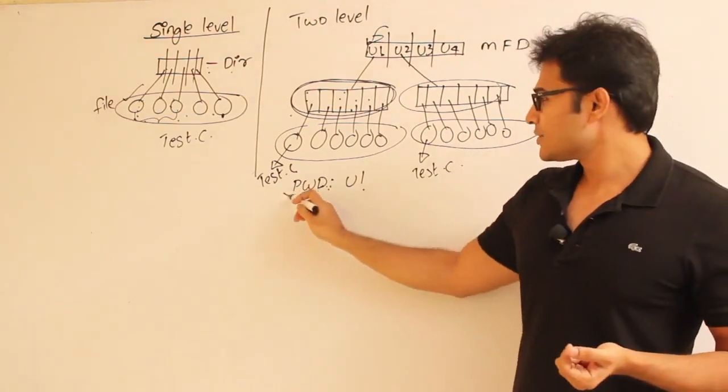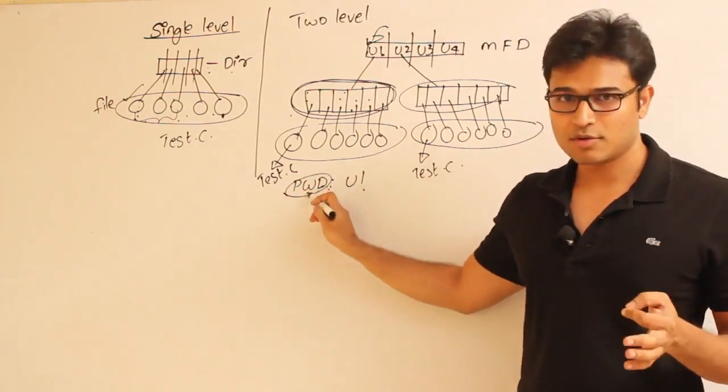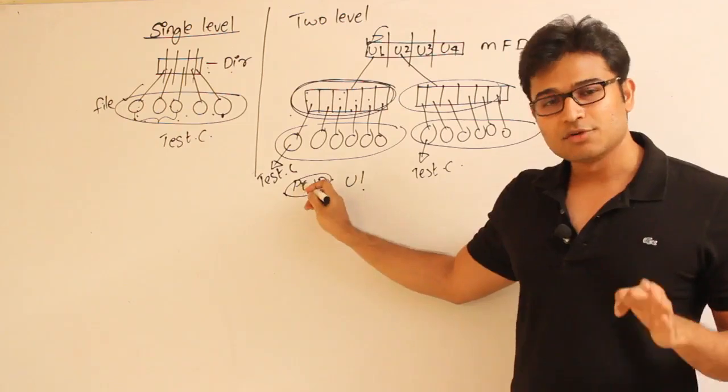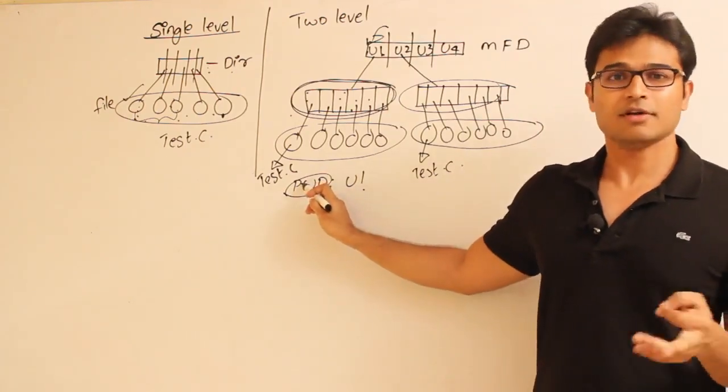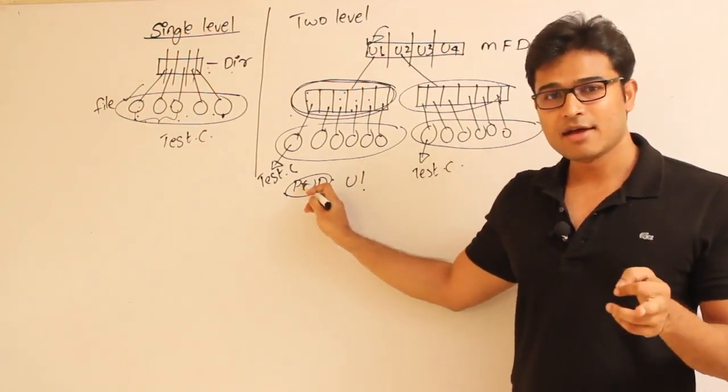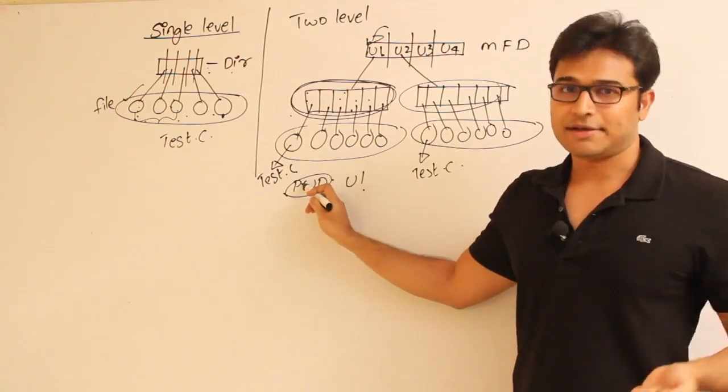So let's not use this present working directory, this might create some problem. There will be some variable using which our operating system will remember which directory you are legally allowed to access.